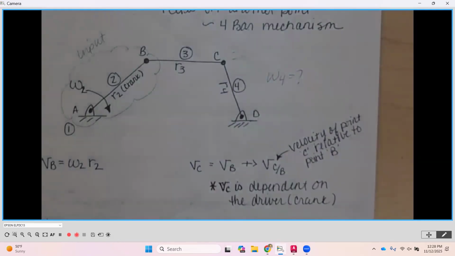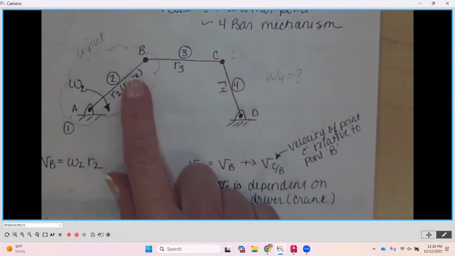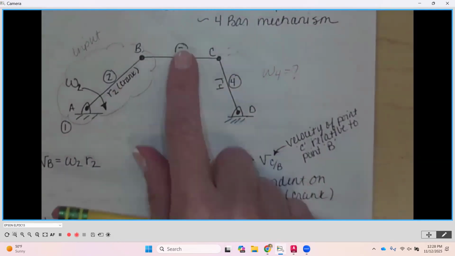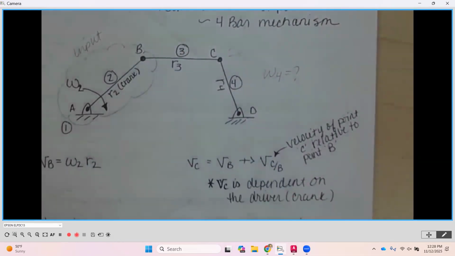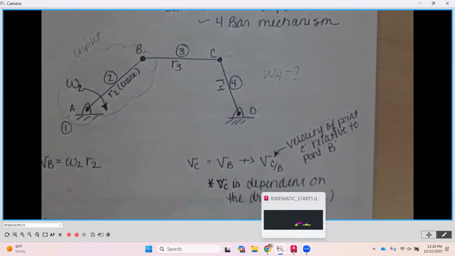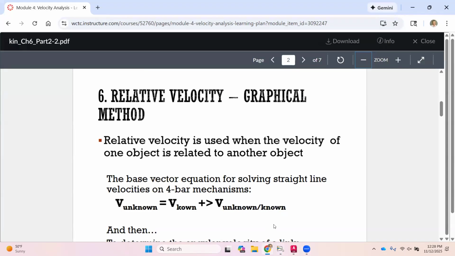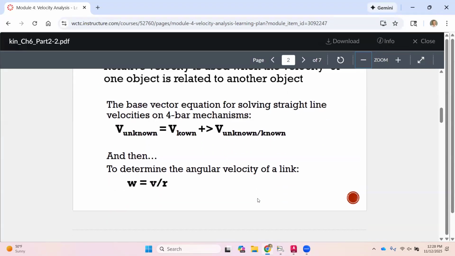Okay, but we do know it's going to be relative to what's going on over here at B and what's going on this link right here. Okay, we're going to find that out. So if I go back over here, sorry, this one, we are going to be able to find out the velocities of different points on those links in that 4-bar mechanism by using the vector equation we see right here.